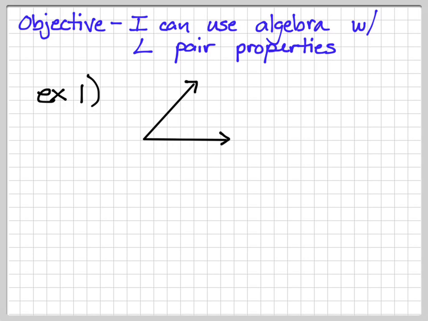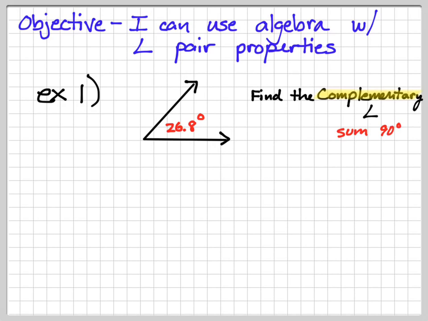Example 1. Go ahead and draw an acute angle for me. Put in 26.8 degrees. And the instructions are find the complementary angle. And we do remember that complementary means sum of 90 degrees. Now, I know you probably don't need algebra for this specific problem.